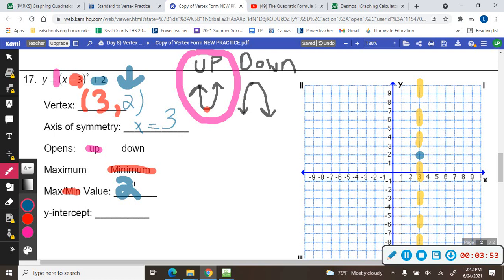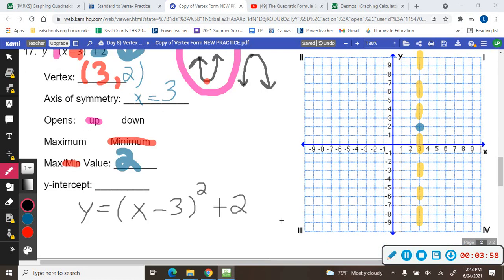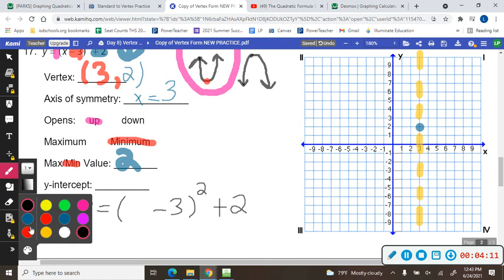Now we need to start filling in the graph, and the first thing they ask for is the y-intercept. So the y-intercept means that x is 0. So instead of putting an x, I'm going to put in a 0 and see what I get.